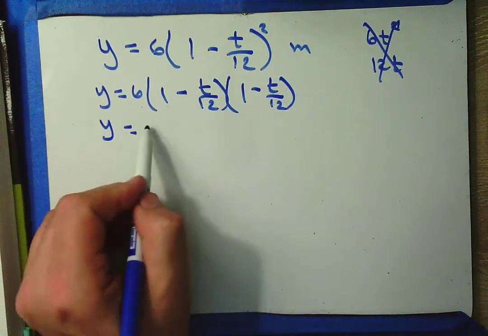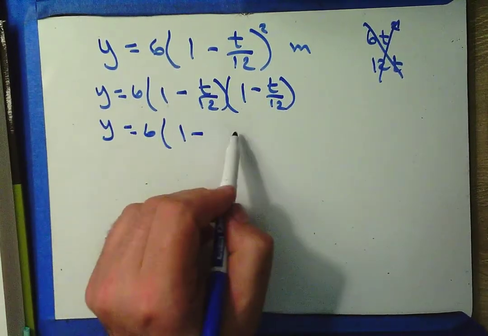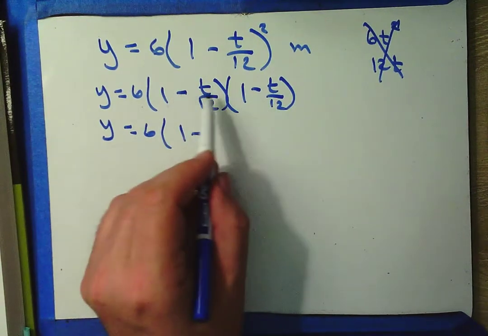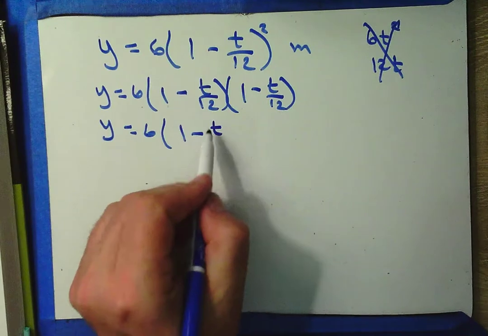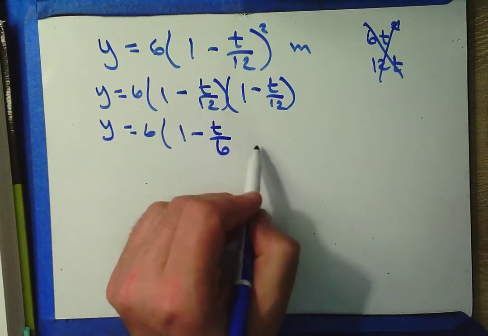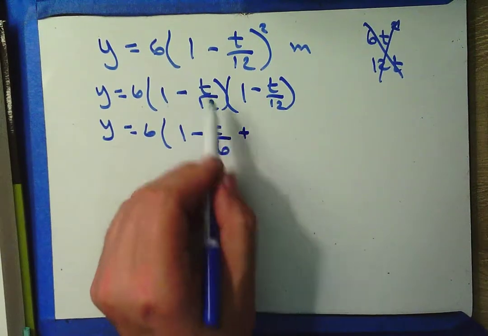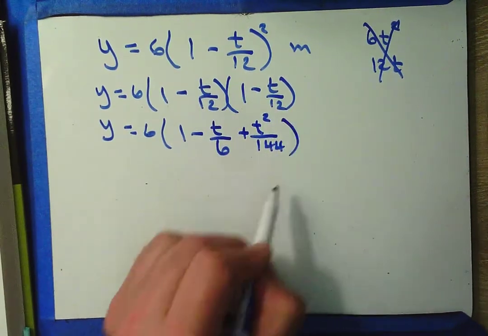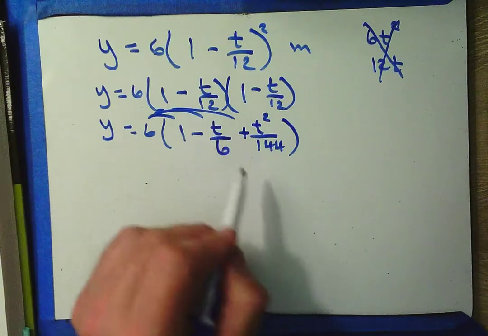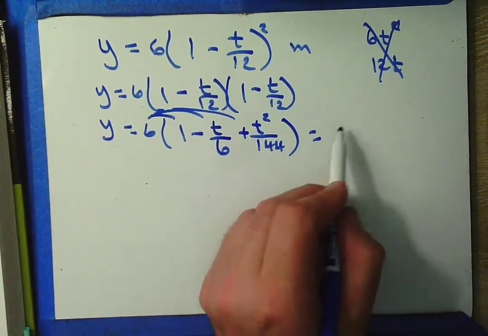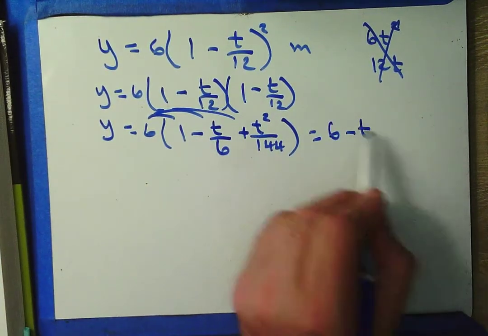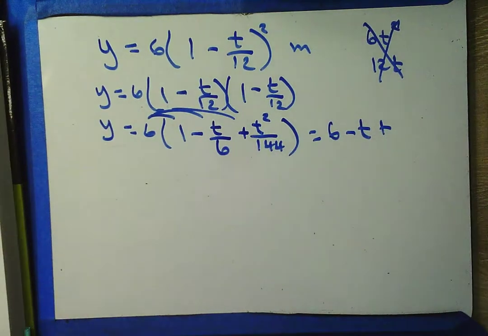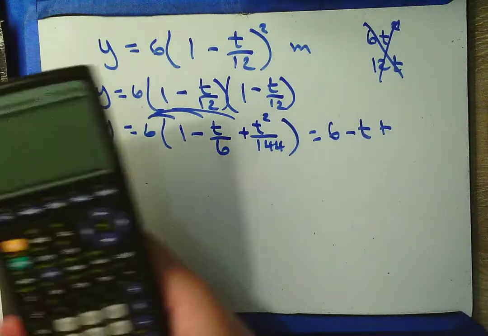I'm going to have y equals 6 times 1 minus this times this times this times 2, which would be t over 6. And then I've got plus t squared over 144. I can distribute that 6 now, and I get y equals 6 minus t plus t squared over 24. I think it's 24. Let's see.